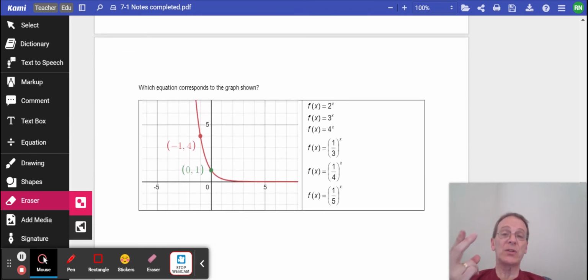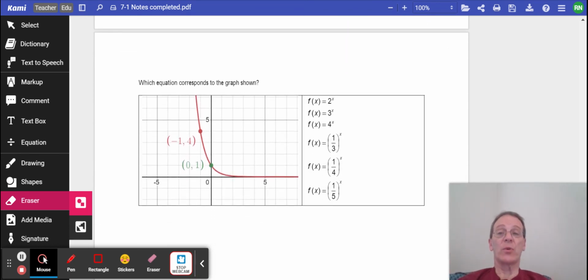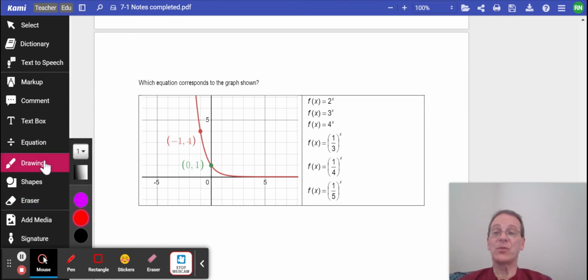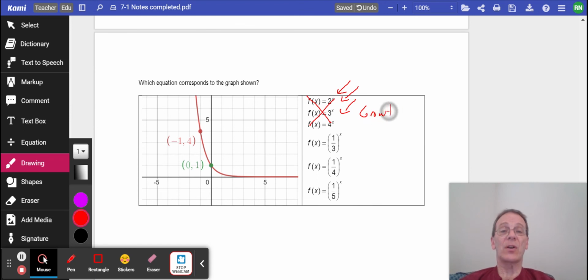There are going to be 2 questions like this one on the homework tonight. I'm going to show you a graph and ask you which of the equations corresponds to that function. Now, if you use your graphing calculator or Desmos and just start putting these equations in one at a time, you'll see right away that these 3 don't look anything like this, because these 3 are all growth functions. They're all going to be going up from left to right.